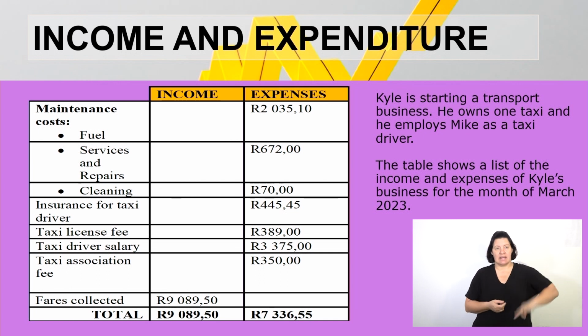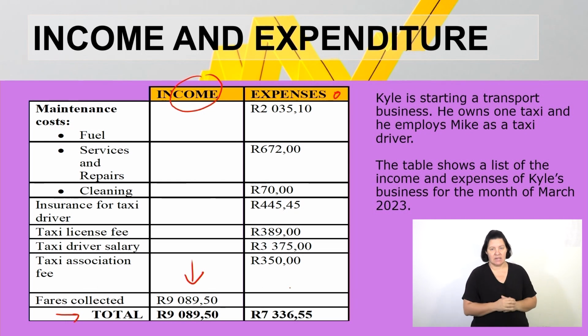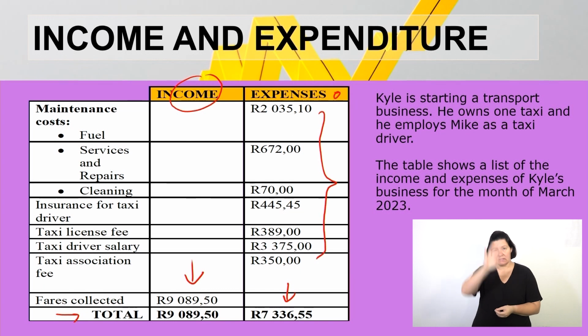Here we have our income, then we also have our expenses, and then we see the total at the bottom. The total income is 9,089.50 Rand, and the total expenses amount to 7,336.55 Rand. So if we add all of this, it should give us this answer here.